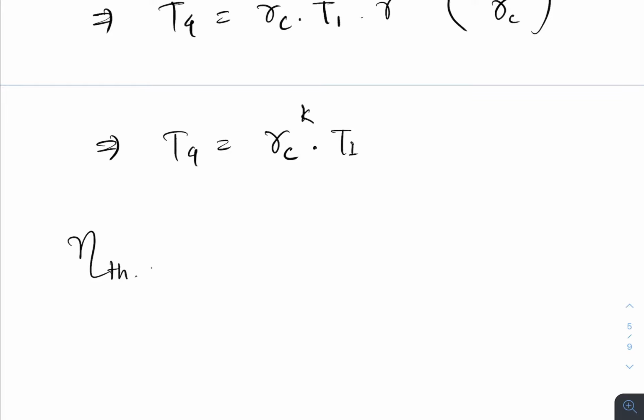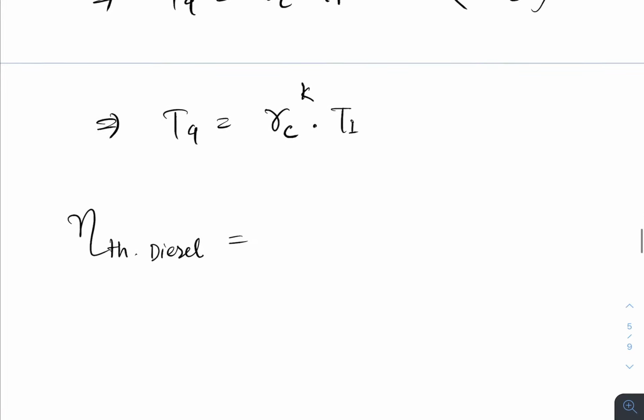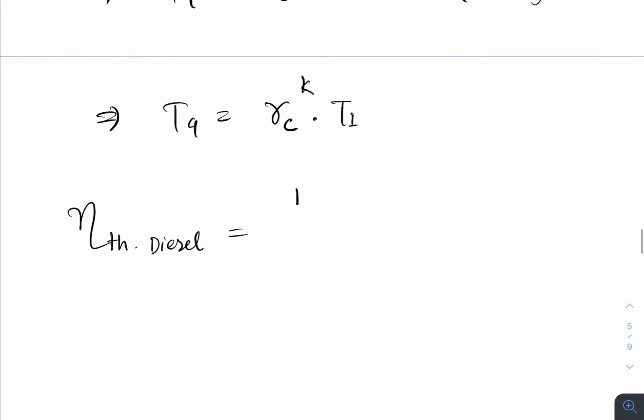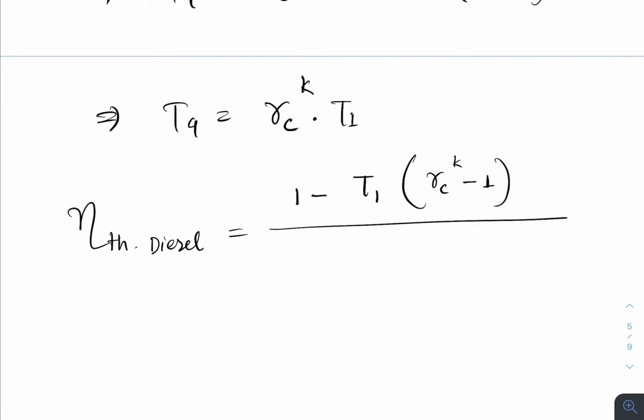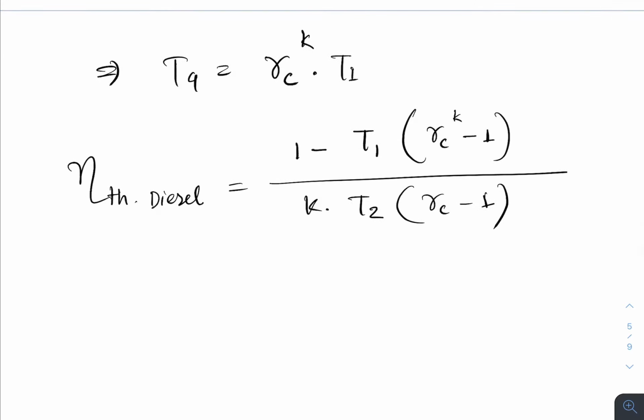Now let's plug in all those values in the diesel engine. The efficiency of the diesel engine will become, if we plug in all those values and simplify, 1 minus T1 times RC to the power K minus 1 divided by K times T2 times RC minus 1.